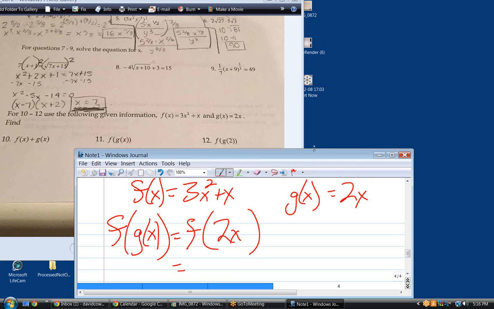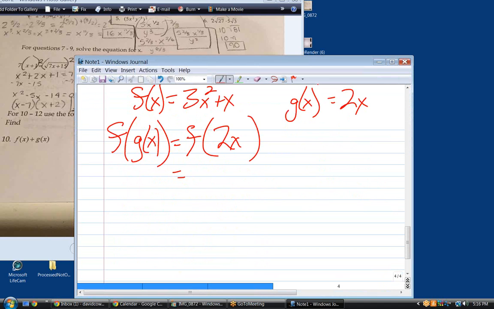Plug in 3x, x squared plus 3x. So tell me what to write. So 3x squared. No. In other words, I'm going to plug in 2x wherever I see x. Oh, right. Okay, so it'd be 3 times 2. Give me parentheses if they're needed.